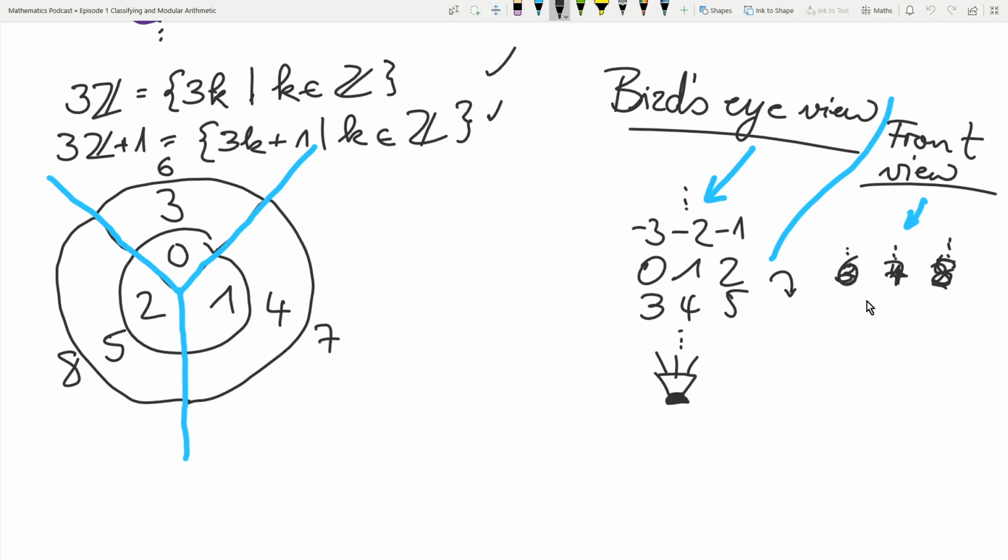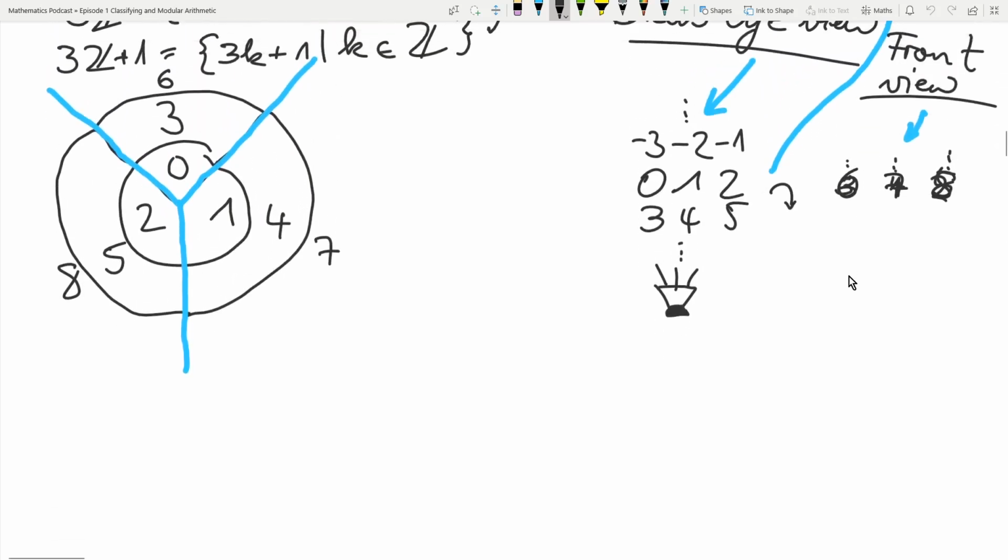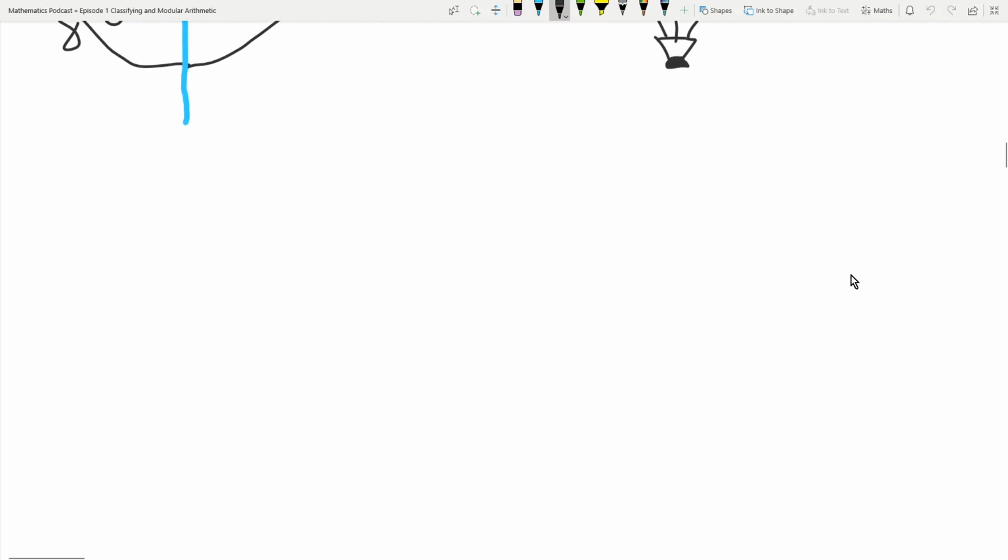Why do we actually care about modular arithmetic? Or why do we care about this stuff in general, right? Let's say I write x is equal to 5. I assume that x is a whole number here.